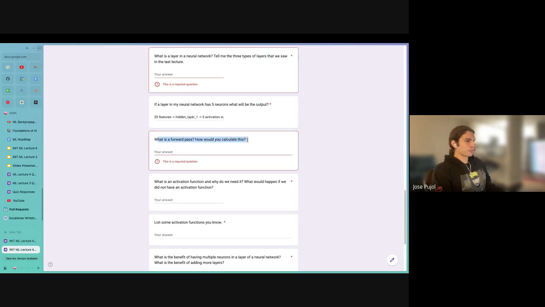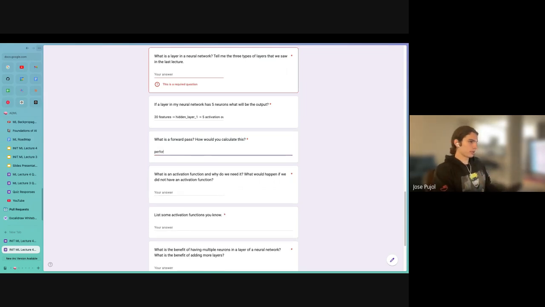What is a forward pass? How do you calculate this? A forward pass would be performing the prediction calculations from the input layer to the output layer and everything in between.